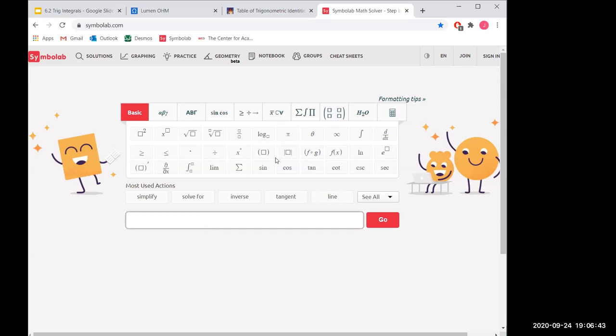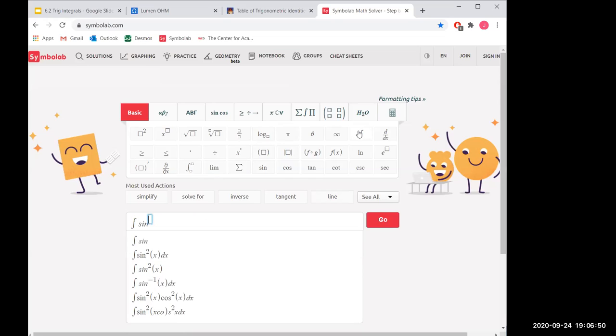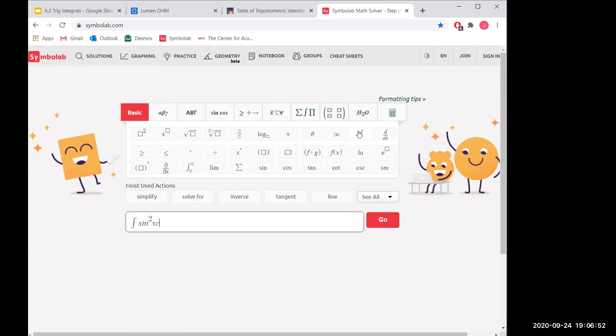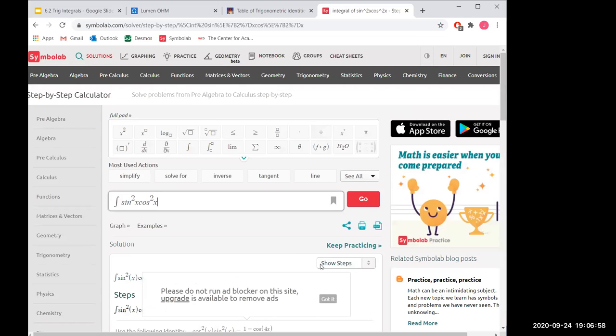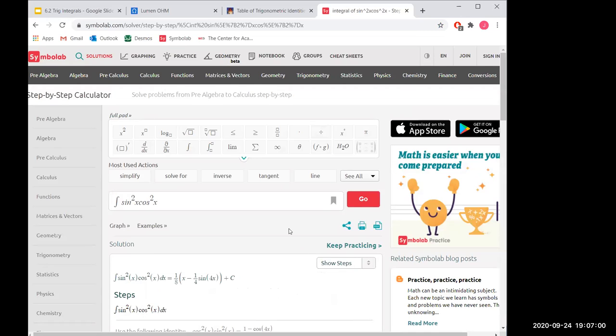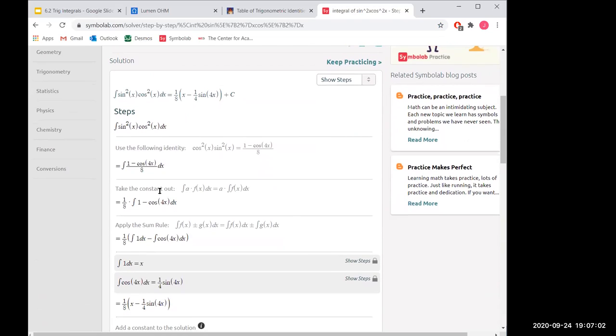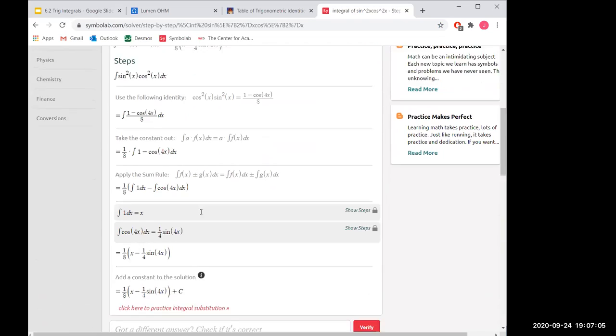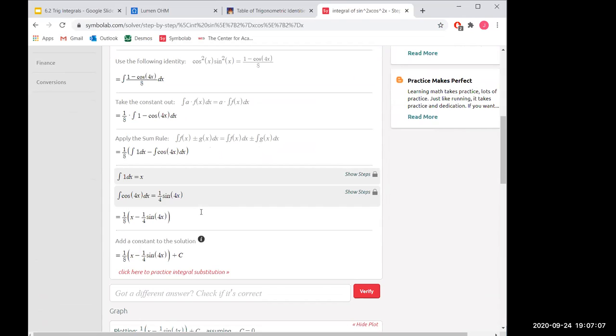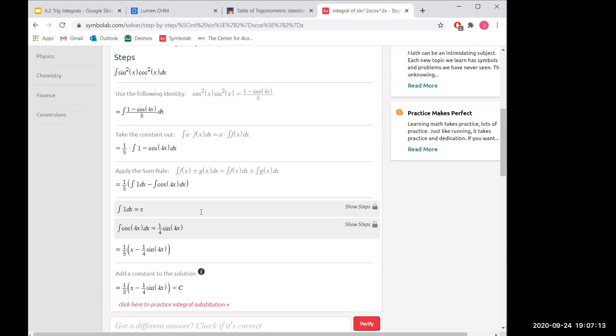Let's say we want to do the integral of, what did we do today, sine squared of x times cosine squared of x. You press it and it tells you pretty much all the steps that you need. It says use this identity, and so on. For those of you who've never seen it, you're probably blown away right now.